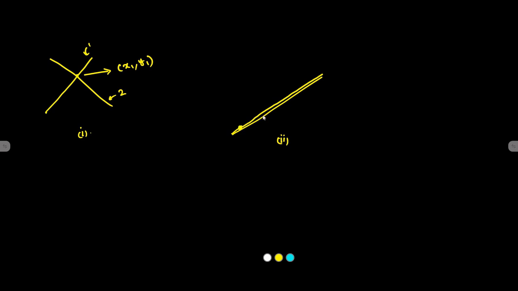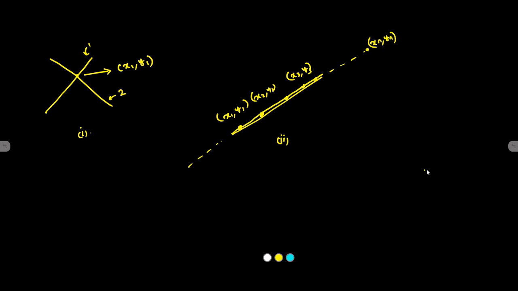These intersection points go on and on in this direction and in this direction. So it is x1, y1, x2, y2, x3, y3, like this, a lot of common points.